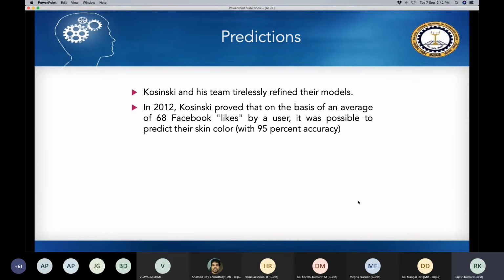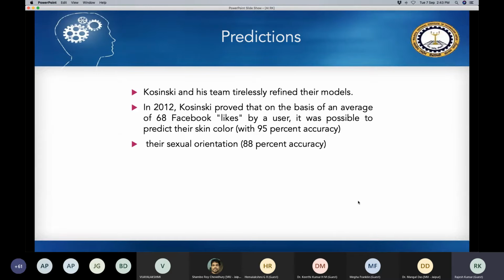So in 2012, if there are 68 Facebook likes, they can easily predict the skin color with 95% accuracy. This is something very out of context. We are just watching the likes, and from there we are predicting the skin color, and likewise.